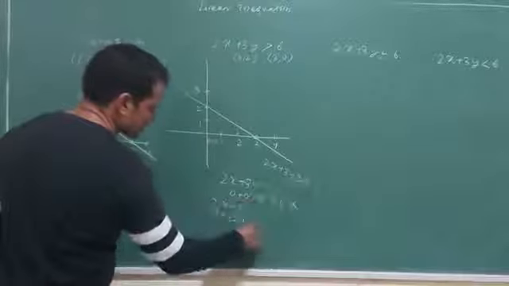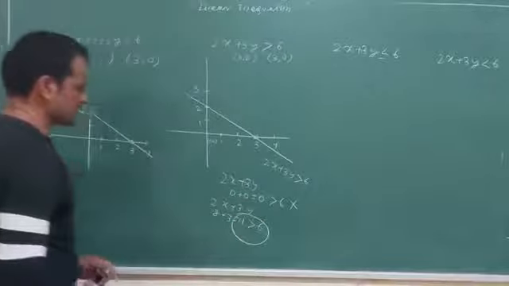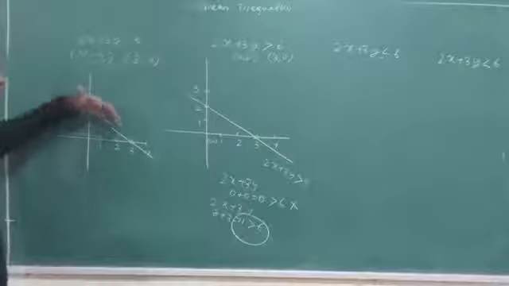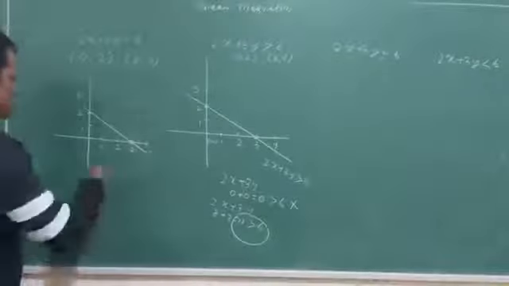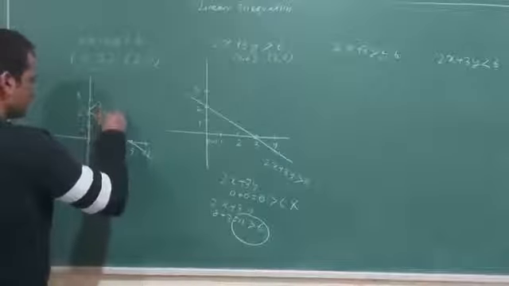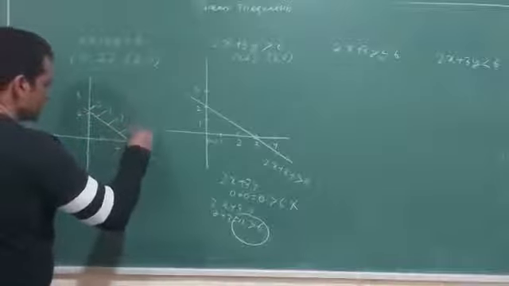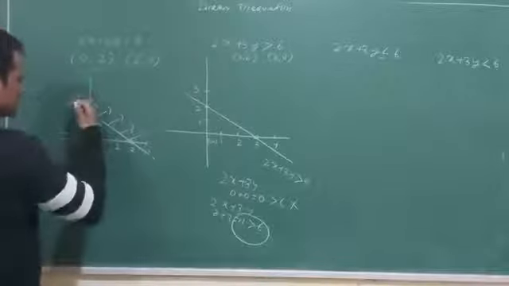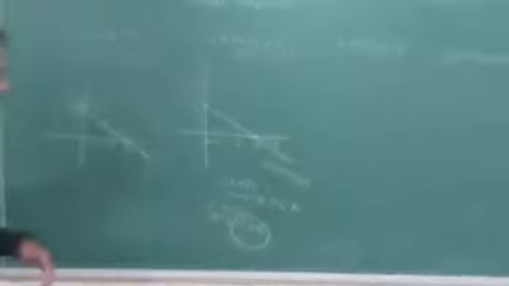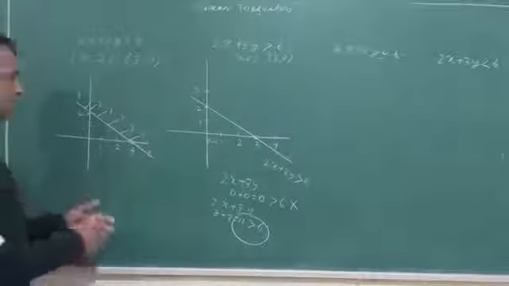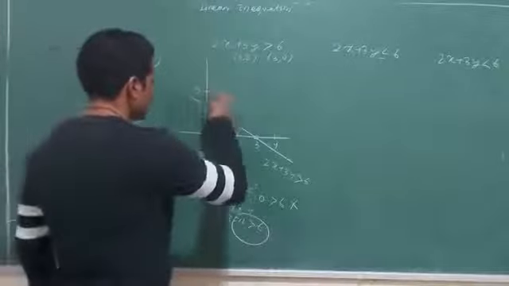And 11 is greater than 6. Condition satisfied. That means the points lying outside of the line are going to satisfy it. So this is the area: the graph's area is away from the origin. In simple logic, it is going away this side.